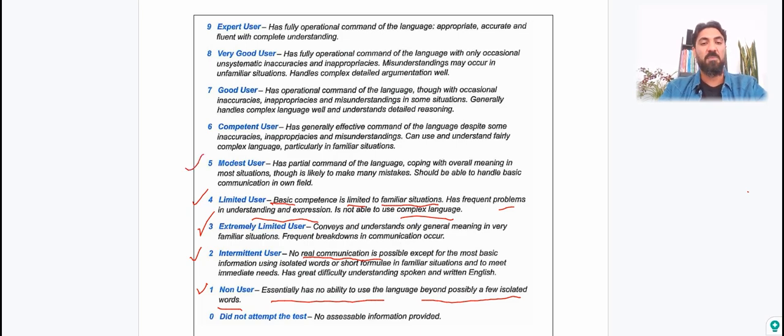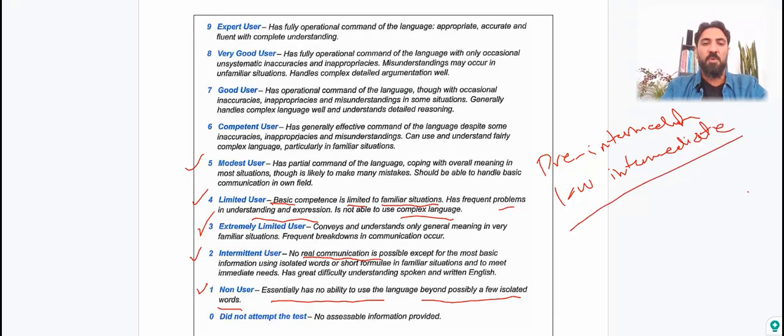Number 5 is a modest user, somebody who is like in the middle. We would say somebody who is a pre-intermediate or a low intermediate student would get a grade 5. Grade 6 is a competent user, which means you have a generally good and effective command of language.